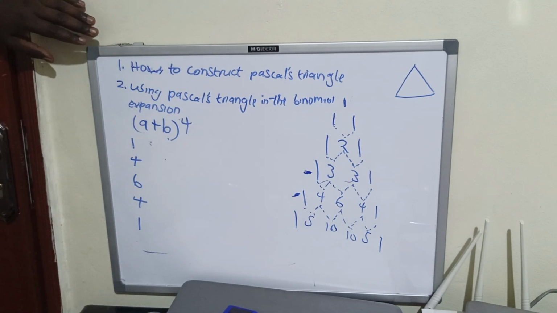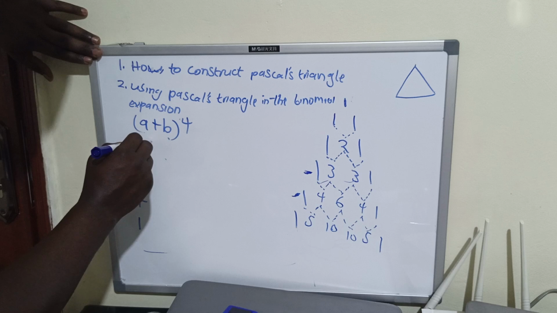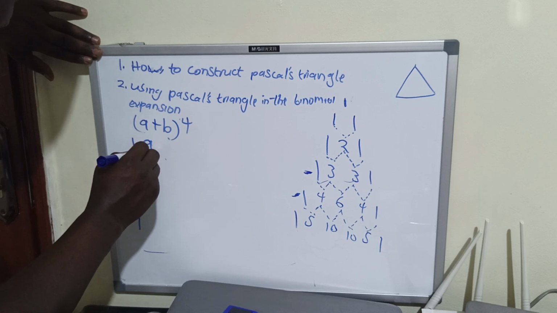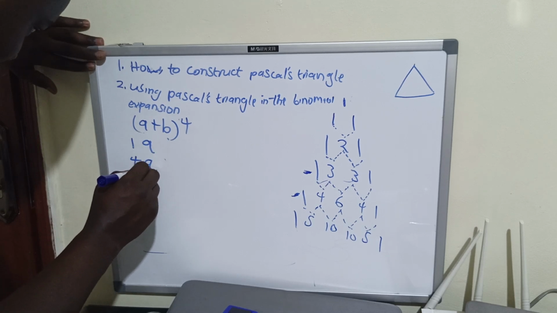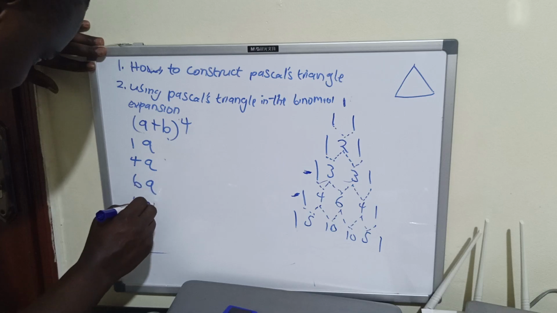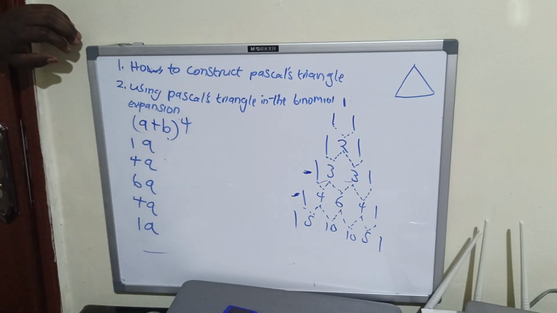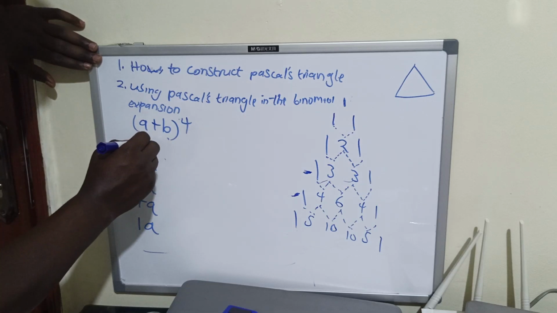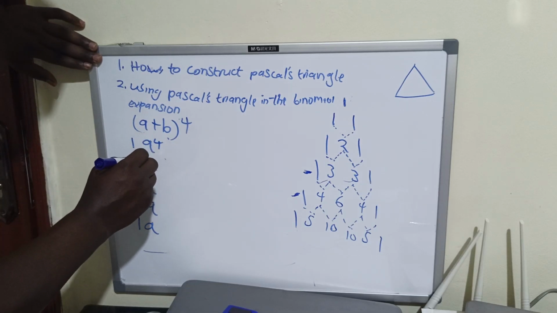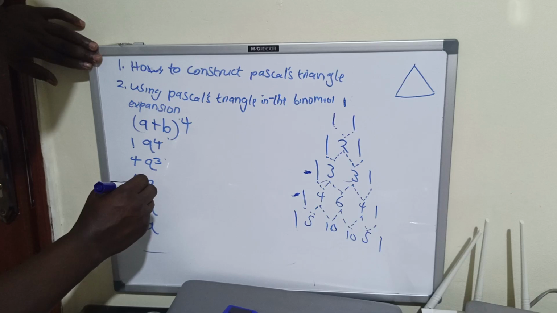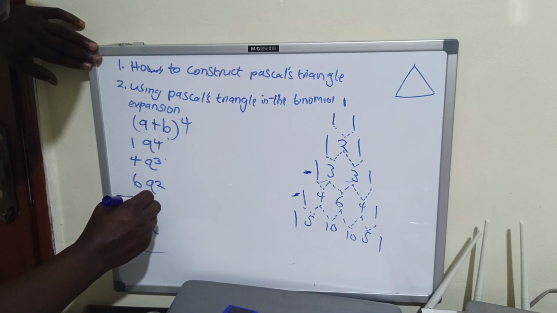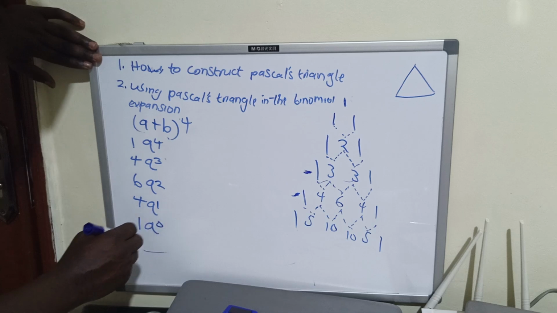When we come to our first term, which is a, because it is raised to power 4, we put a raised to power 4, a raised to power 3, a raised to power 2, power 1, and power 0.